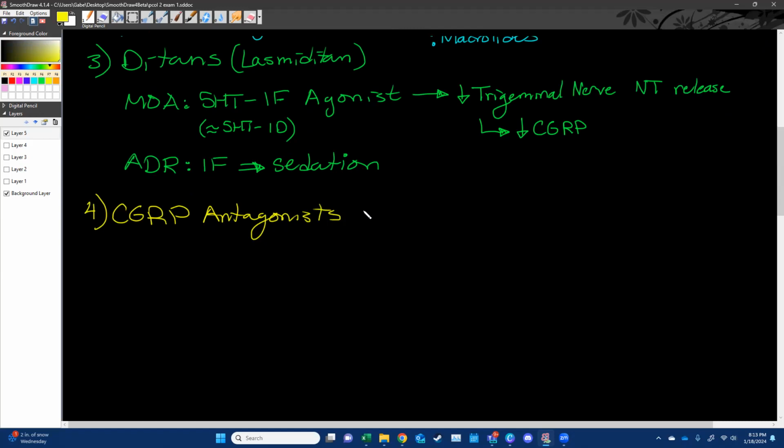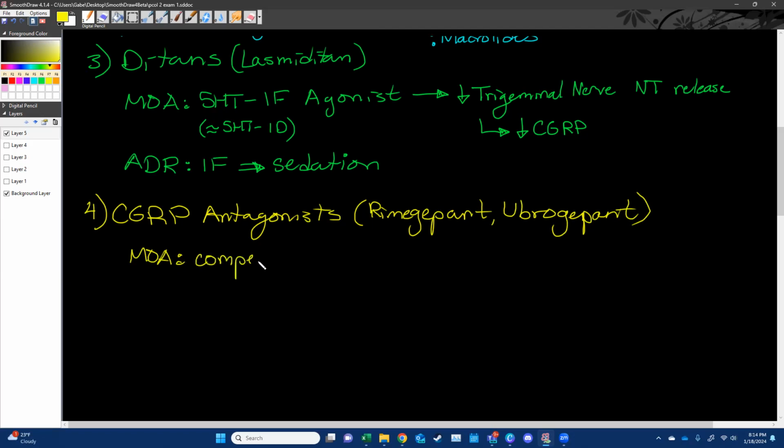So this is your rimegepant, which I think is Nurtec. I think the other one is ubrogepant, which I don't remember its brand name. Essentially, what these guys are is they are competing for the CGRP receptor.